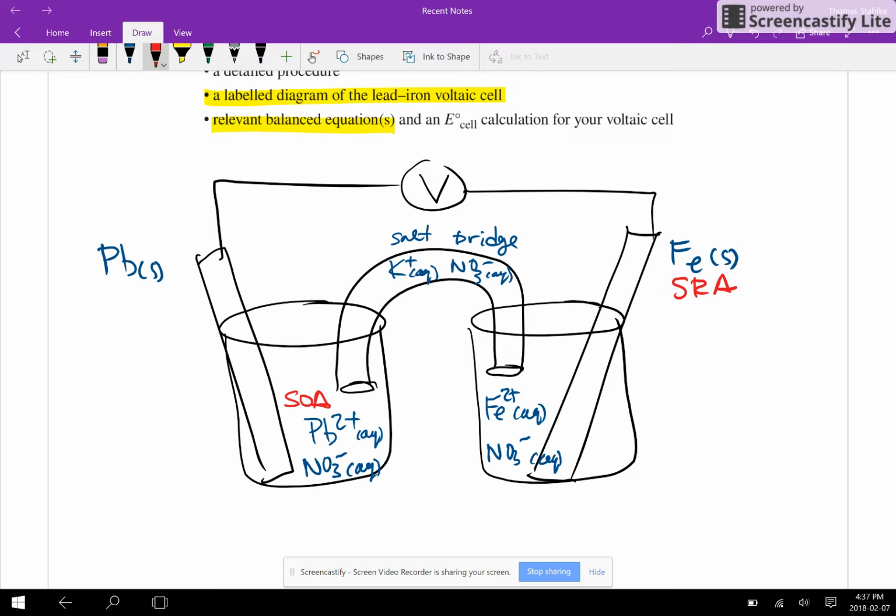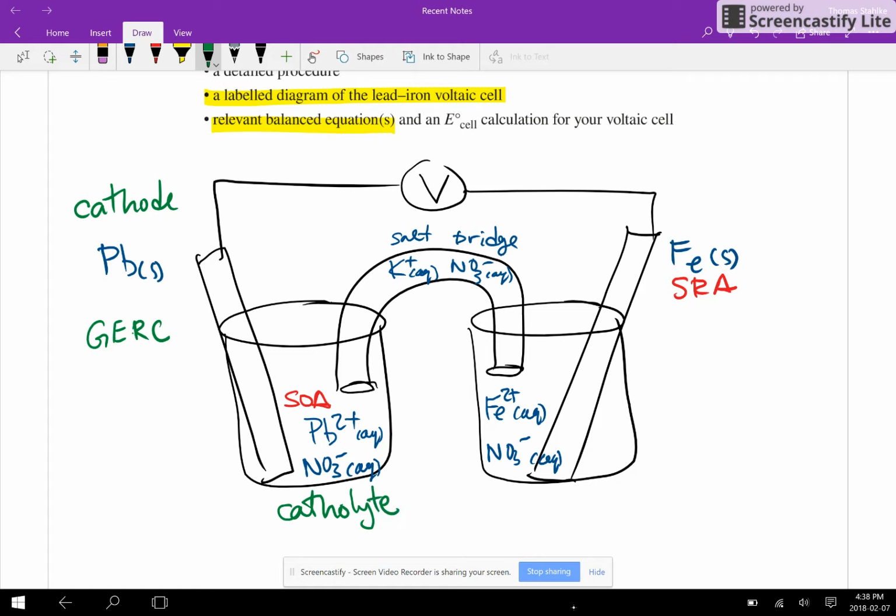Now the SOA is the oxidizing agent that reduces, and that occurs on the cathodic side. So that means that this side is gain of electrons, reduction, at the cathode. That makes the lead the cathode and the lead ions the catholyte.